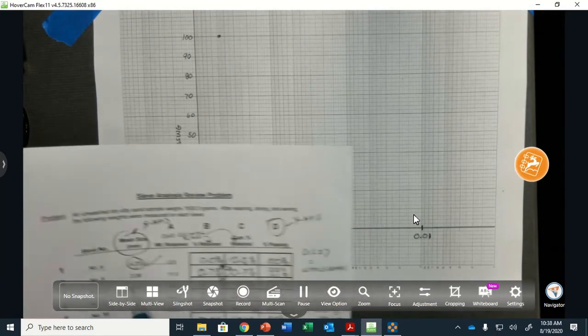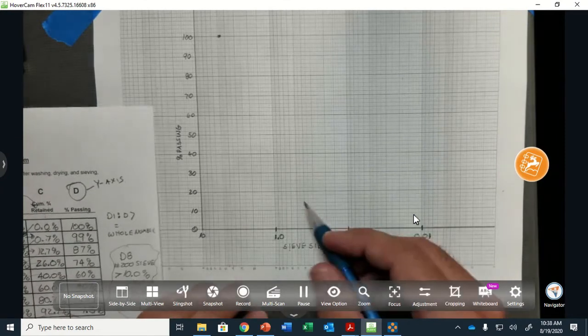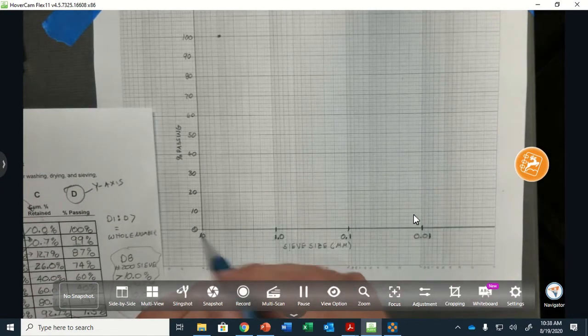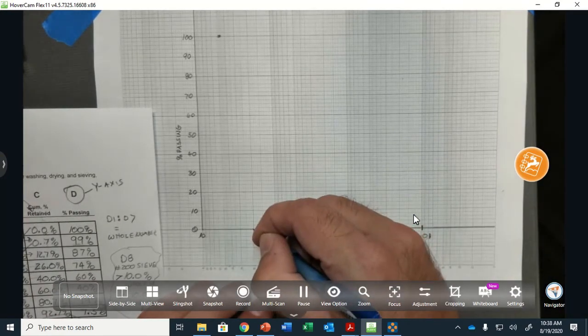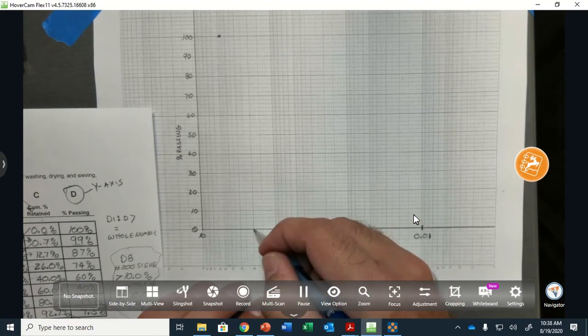Number 8 sieve is 2.36. So here's 1, here's 10, here's 2. This is 2.5. So you can actually see it's evenly divided. So this is 2, 2.1, 2.2, 2.3, 2.4, 2.5. Right about there, somewhere in there, right?